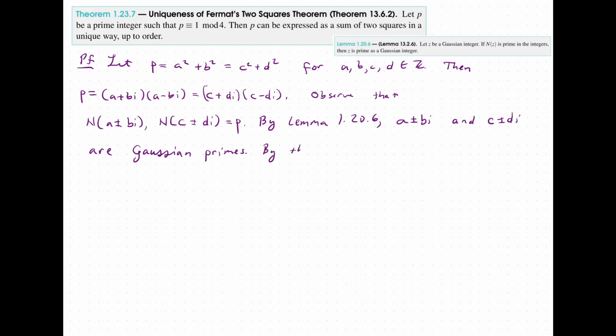So by the fundamental theorem of arithmetic for the Gaussian integers, we have that a plus bi is equal to some unit times c plus di, or a plus bi is equal to a unit times c minus di.